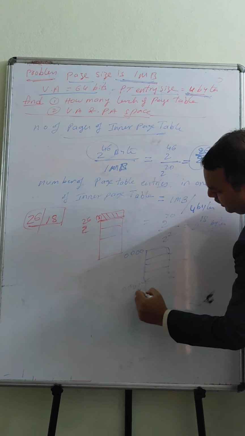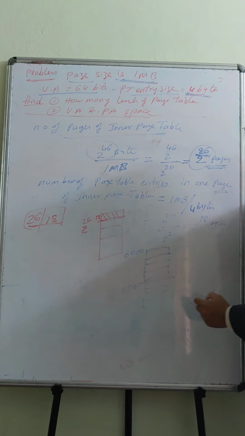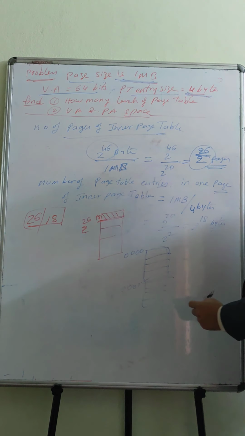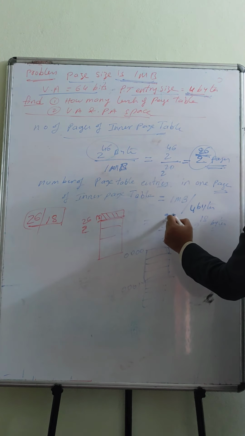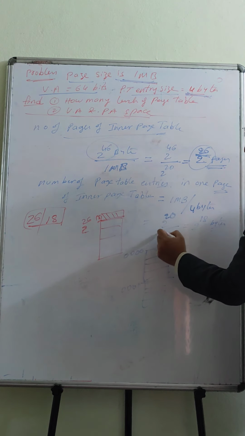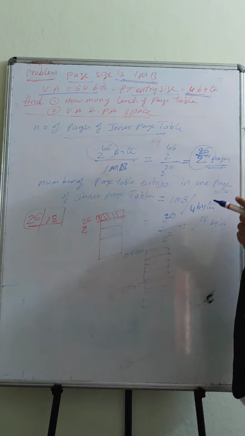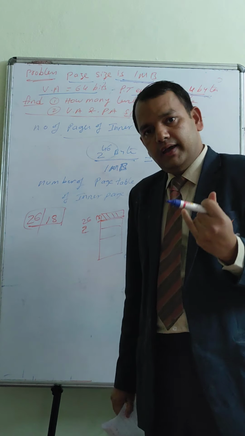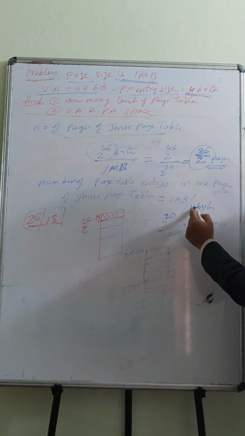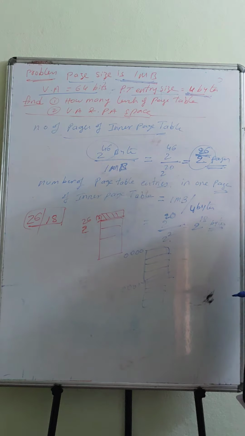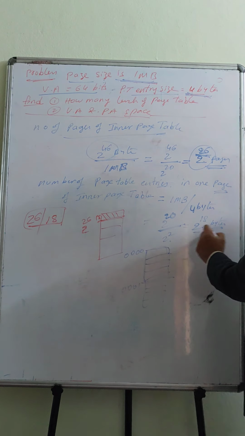The next, 0, 0, 0, 1, also represents 4 bytes. That is why 2 power 20 is the size of one page. Since each location represents 4 bytes, if we divide by 4 bytes, we get how many bits we require to navigate in a particular page table. That is 2 power 18.